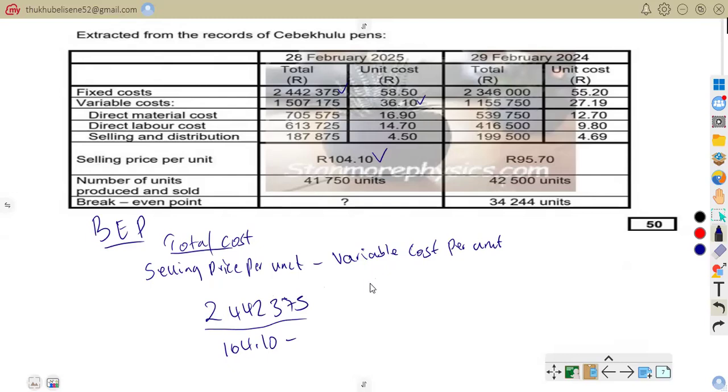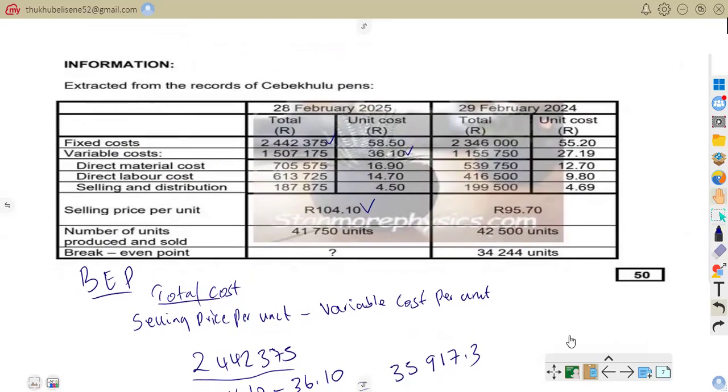Our variable cost per unit is 36.10. So this is how we're going to calculate it. This will give us 35,917.3. So that is how we answer question 2.1.